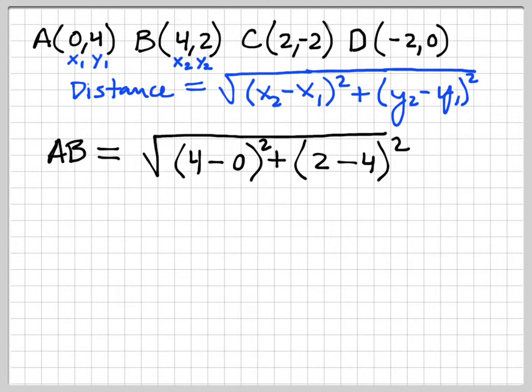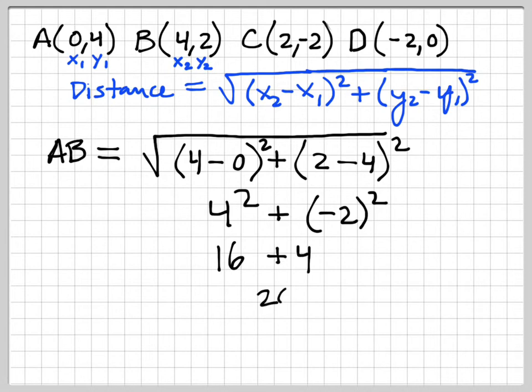And that turns into 4 squared plus negative 2 squared, which is 16 plus 4, which is 20. The square root of 20, which, when you type in your calculator, should be approximately equal to 4.5.